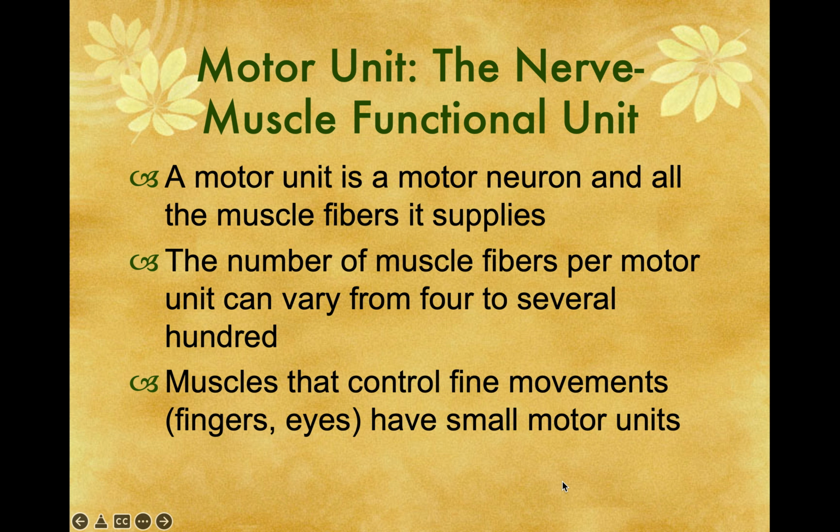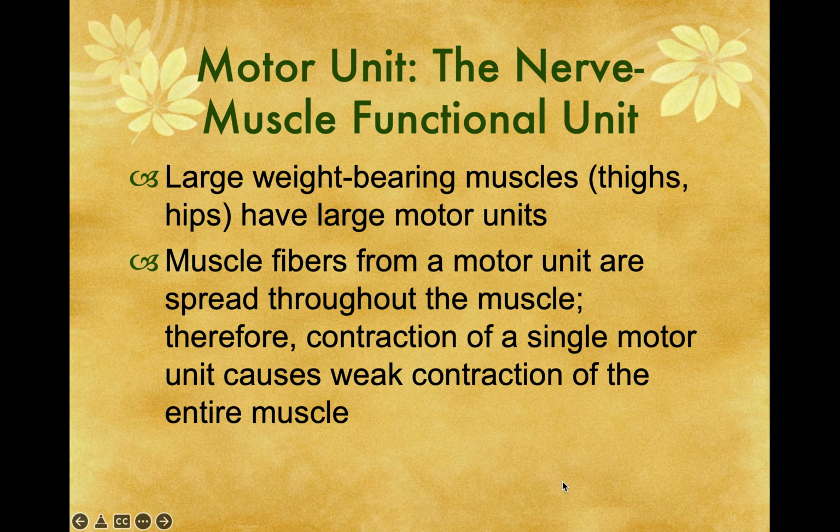And then like being able to walk properly, like hit a baseball, catch a ball, throw a ball, those are all called gross motor movements, and those use much larger muscle motor units. So that's what this slide is talking about. And then each muscle itself is going to have multiple motor units.